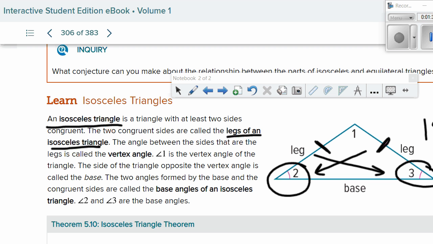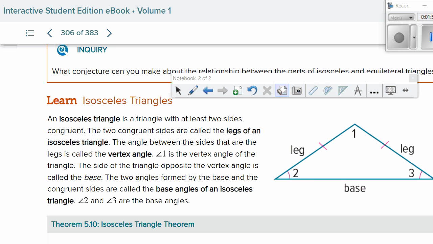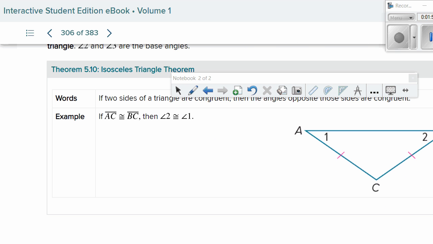Okay, so you probably want to highlight most of this, if not all of this particular paragraph. Base angles is another big term that you need to know. Kind of throw that into your toolbox there. With that base angles theorem, then we create this same kind of thing we just did.